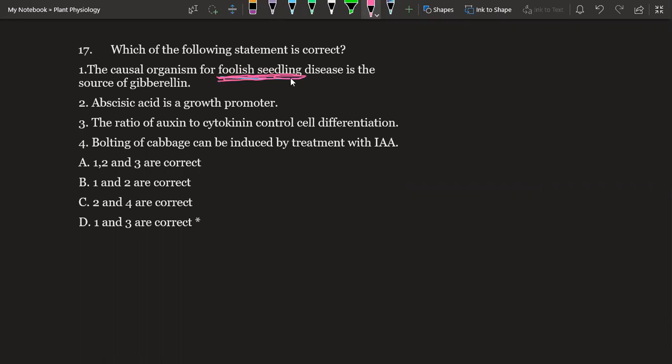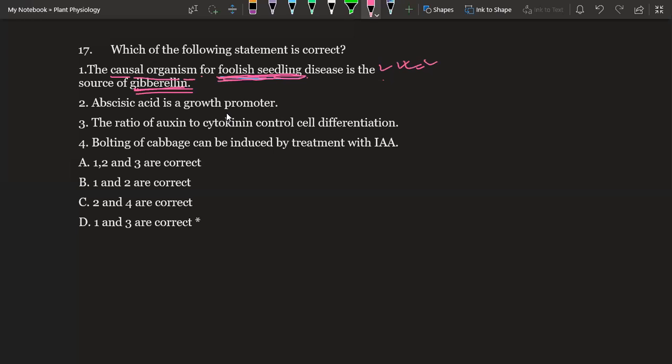GA or gibberellic acid, gibberellin, is obtained from this. Yes, this is true. The causal organism of the foolish seedling disease is Gibberella fujikuroi. So this statement is true.